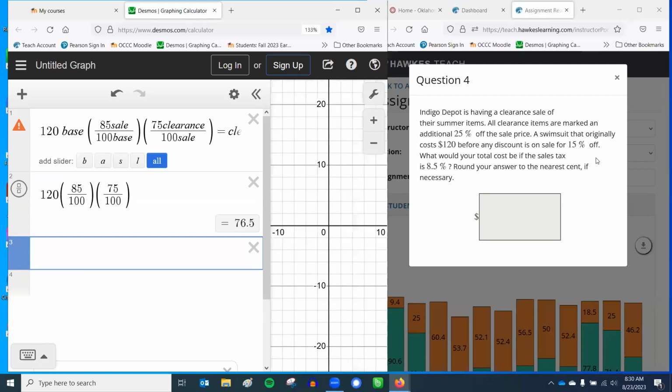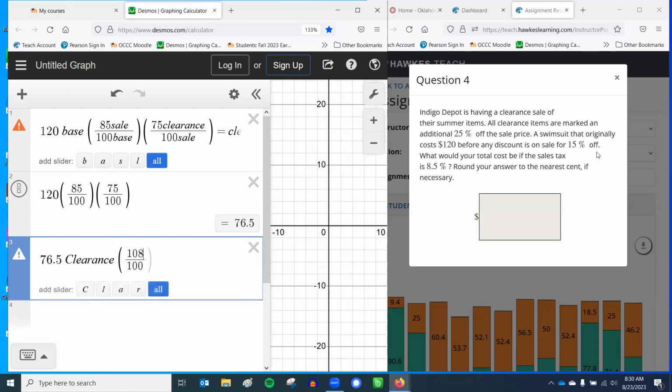Now we also have tax. So total with tax. All right. Let me start it this way. You start with your clearance price. And the tax for every $100 that you have in price, you pay an extra $8.5, right?